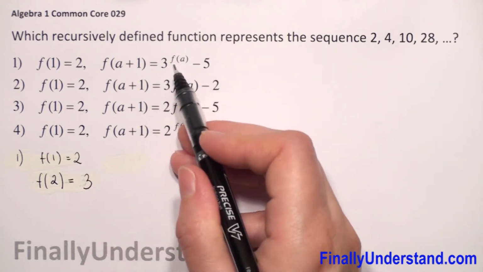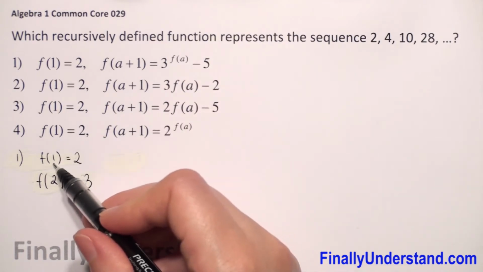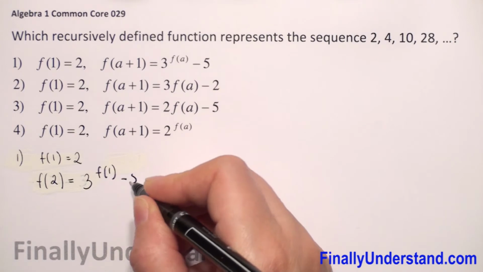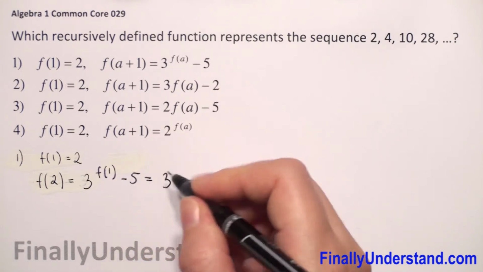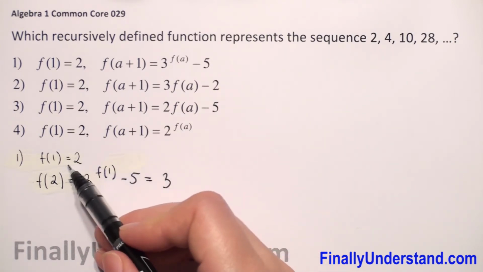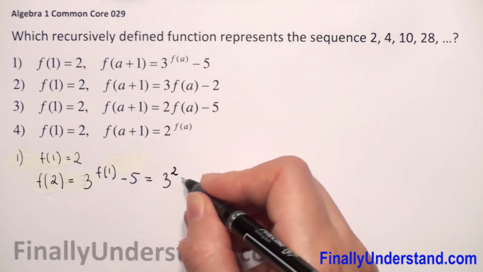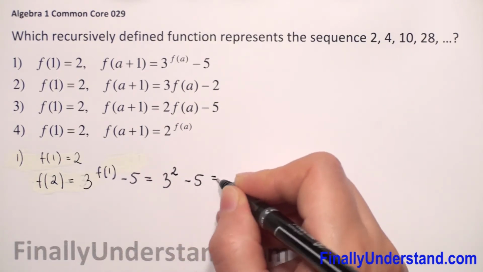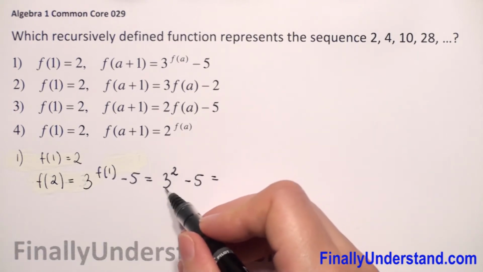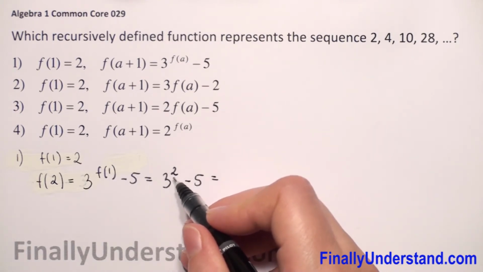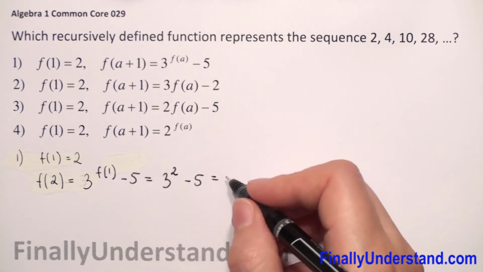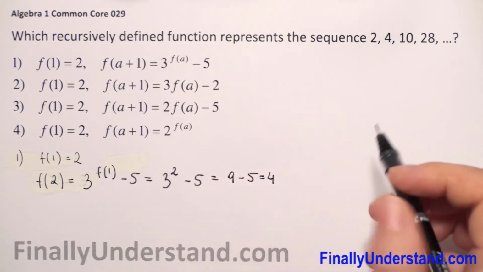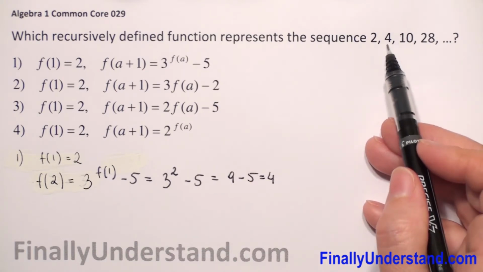The term before f of 2 is f of 1, so it will be 3 to the power f of 1 minus 5. So this is equal to 3, we copy. F of 1 was given as 2, so we replace f of 1 by 2, minus 5. Next we first take the second power of 3, which is 9, minus 5, so this is 4. Everything is okay, so the second term is 4.